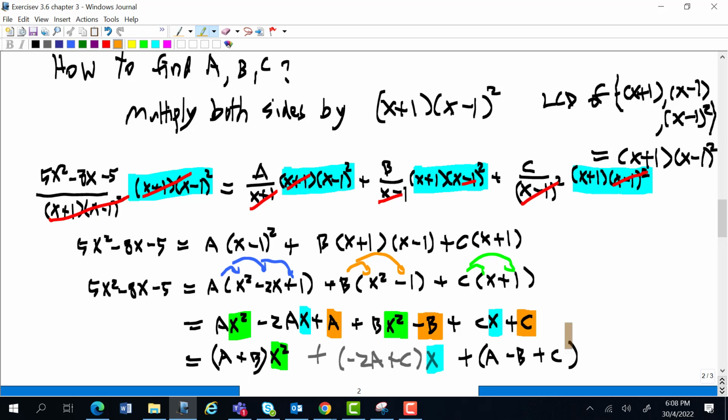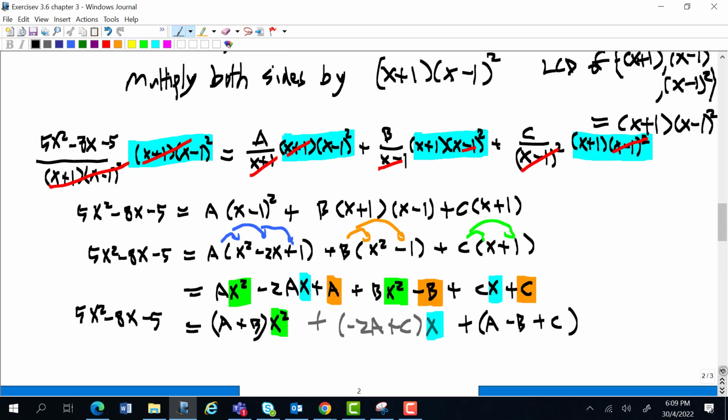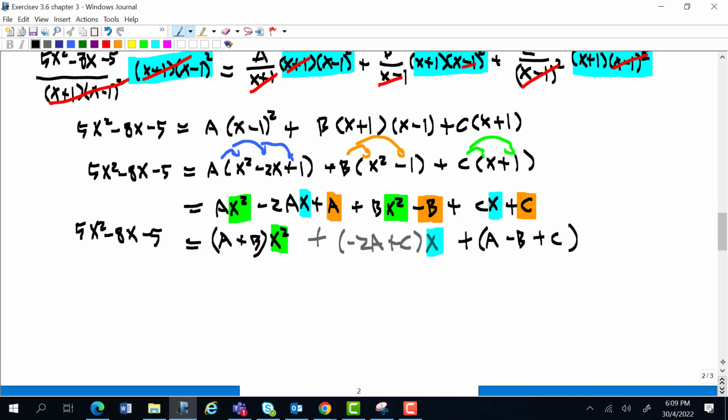So on the left hand side is 5x squared minus 8x minus 5. Now, you compare the x squared. This is 5, so 5x squared is the same as (a plus b)x squared. And then you compare the x here.